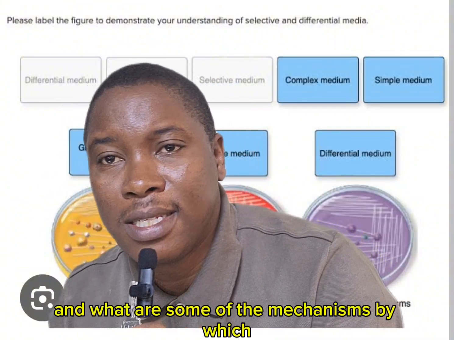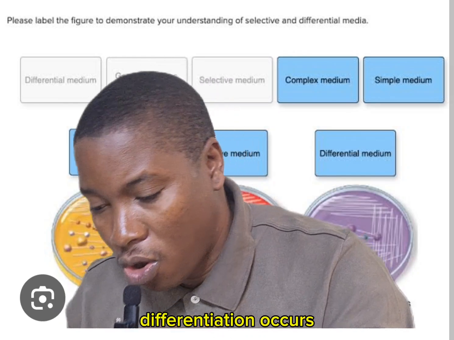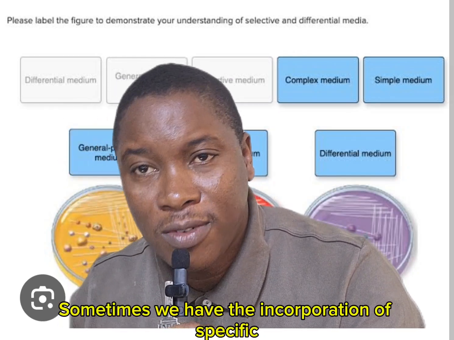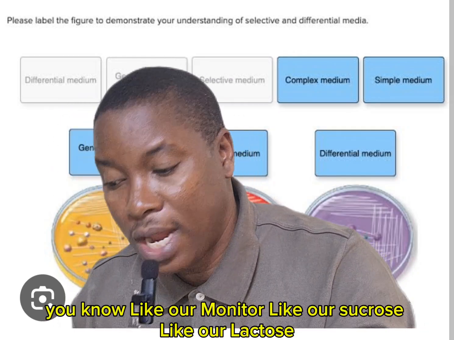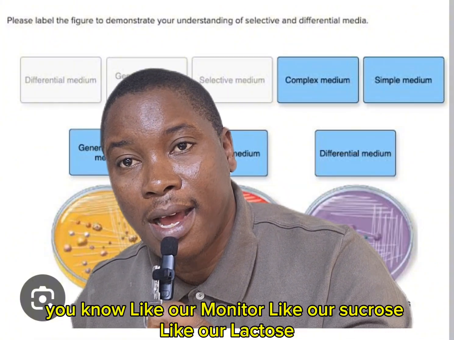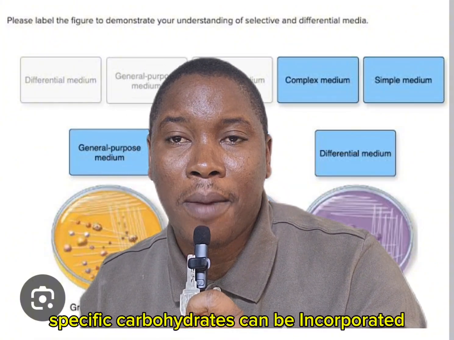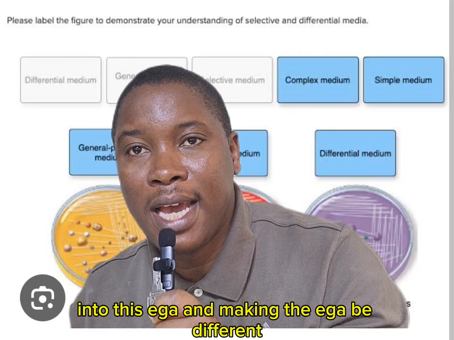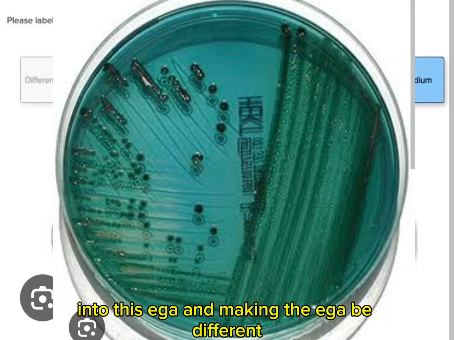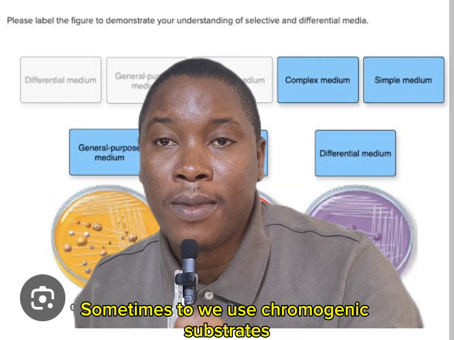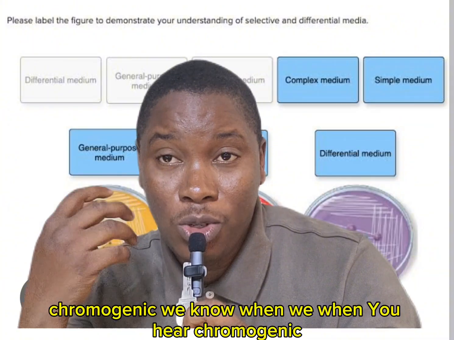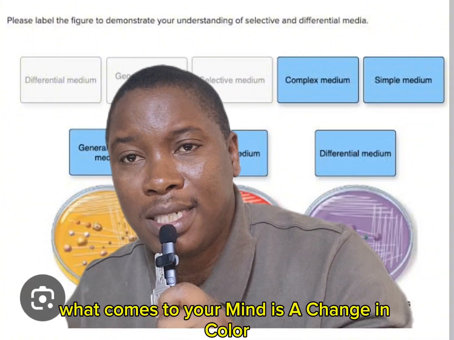And what are some of the mechanisms by which differentiation occurs? Sometimes we have the incorporation of specific carbohydrates, like our mannitol, like our sucrose, like our lactose. Specific carbohydrates can be incorporated into this agar, making the agar be different. Sometimes too, we use chromogenic substrates. When you hear chromogenic, what comes to your mind is a change in color.